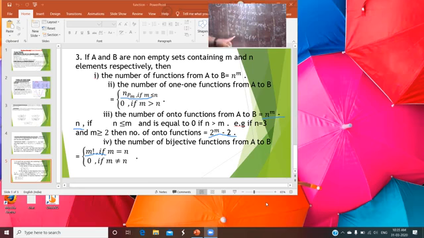This shows that the element 2 belonging to the codomain has no pre-image in the domain of f, because root 2 is not a natural number. Hence, there is no pre-image of 2 in the domain of f.